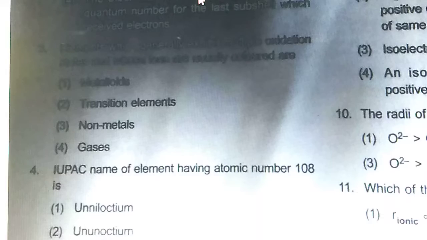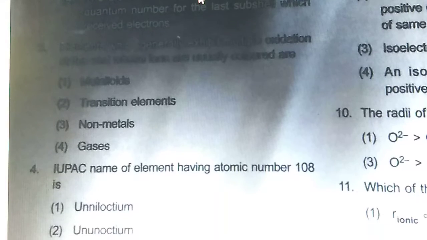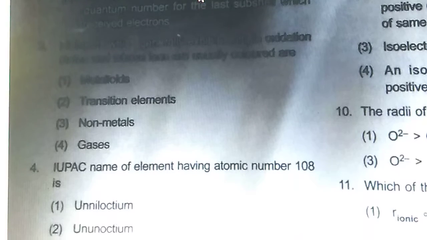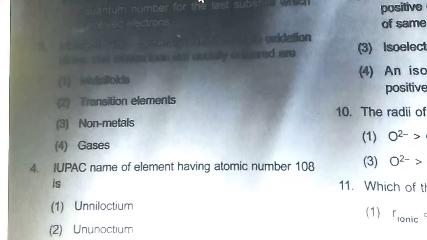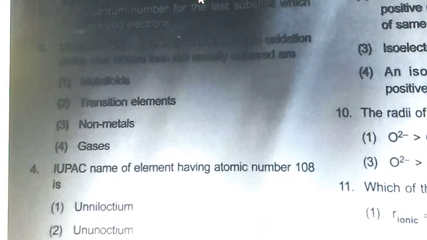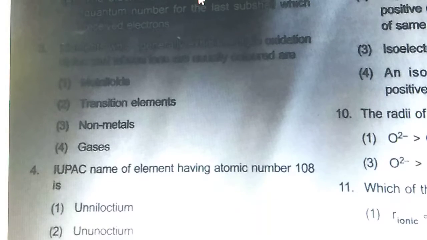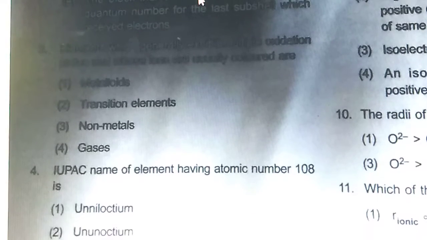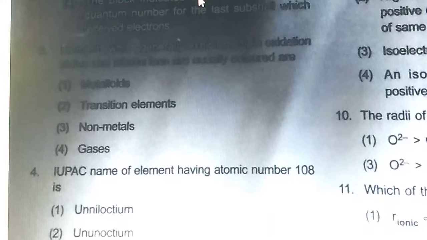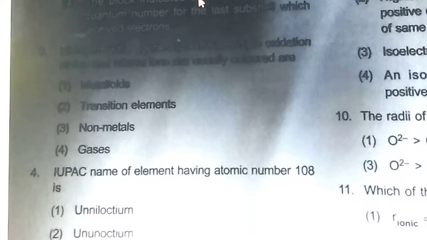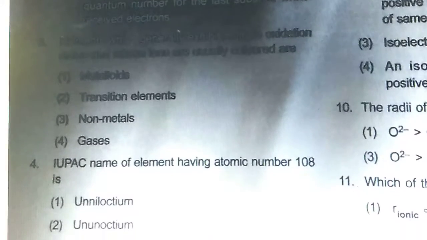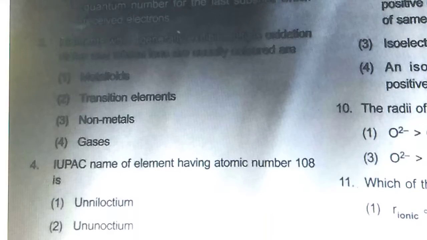Multiple oxidation states, student, are exhibited by those having a large number of electrons. Now the D orbital has 10 electrons, so it can lose 1 electron, 2 electrons, 3, 4, 5 electrons. So the oxidation number will be more than +1: +1, +2, +3, +4, +5, +6, +7. These are known as D block elements, also known as transition elements.